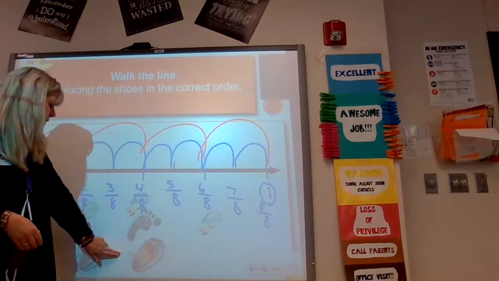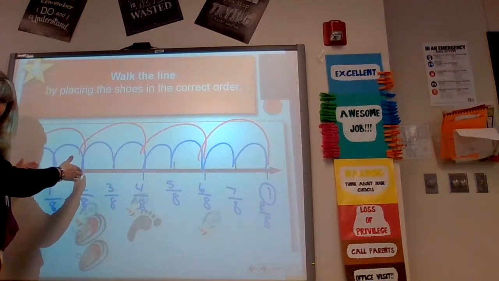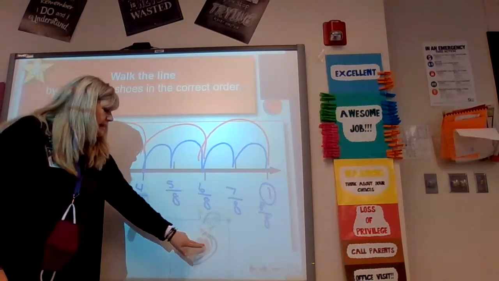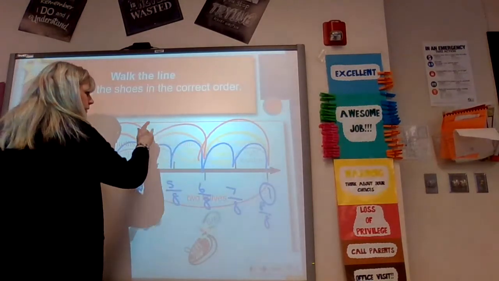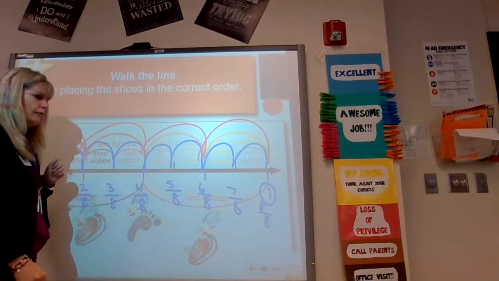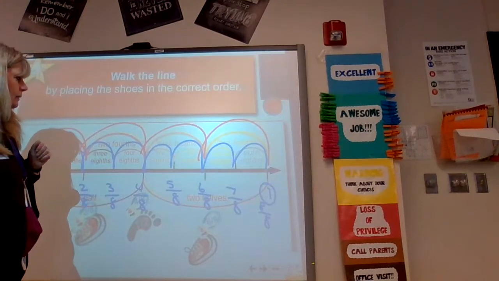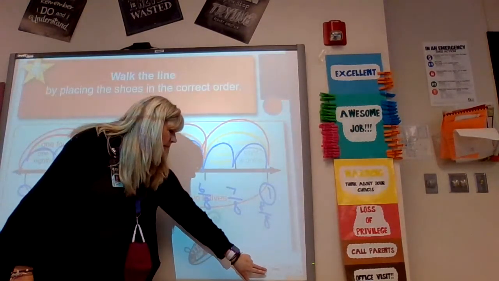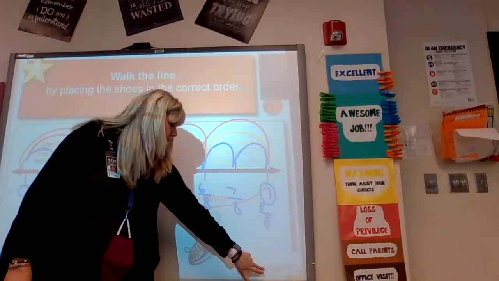So 1 piece of 4th is equivalent to 2 pieces of 8. Well, 3 pieces of 4, 1, 2, 3, 3/4 is equal to 4/8. And they kind of showed us on here. I drew it for you so you could see it.